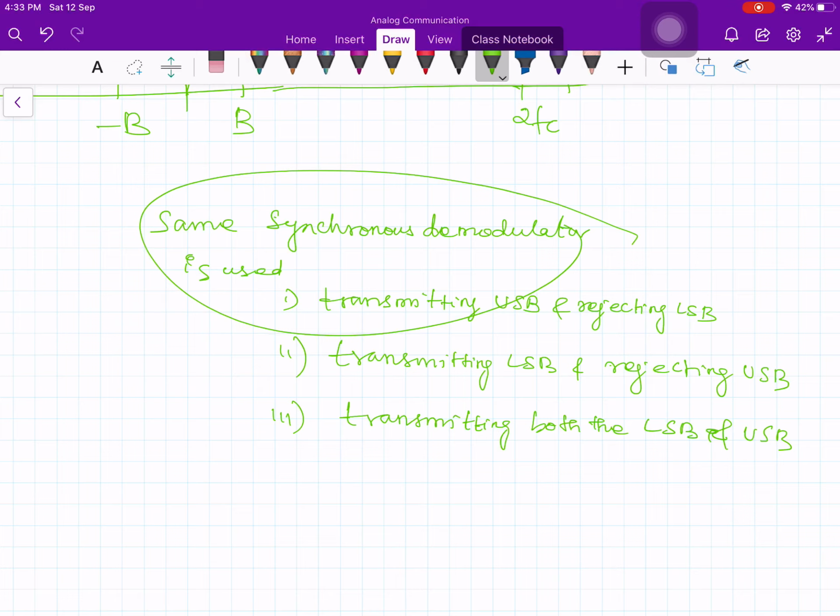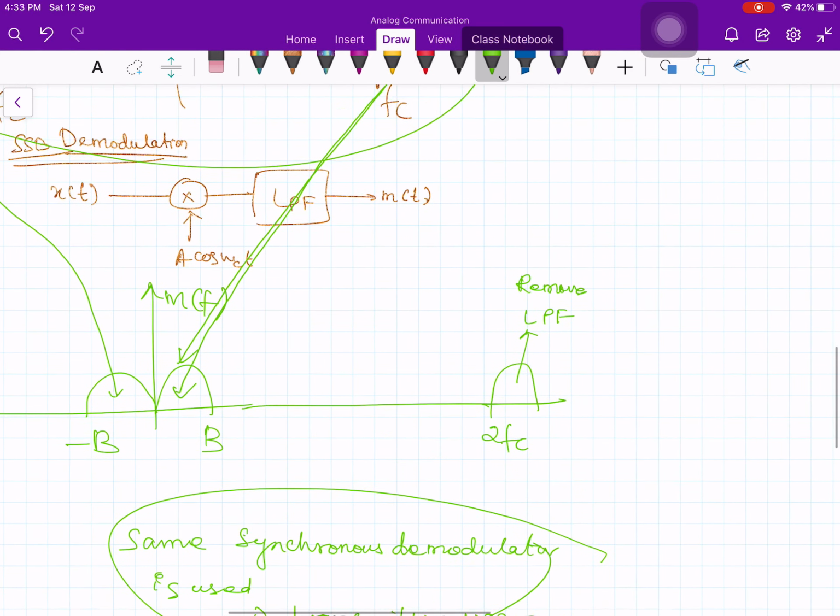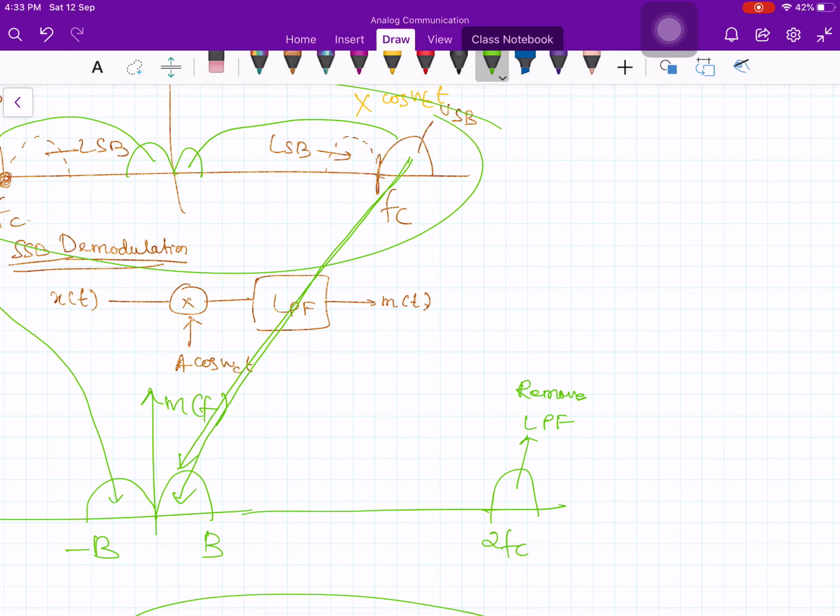So the practical realization would require a suitable sideband filter. Now designing a high pass filter or low pass filter or band pass filter is not a trivial option. Okay, that is what you want to understand in this process. You require a sideband filter with almost ideal characteristics.